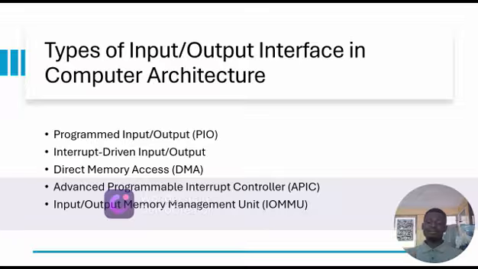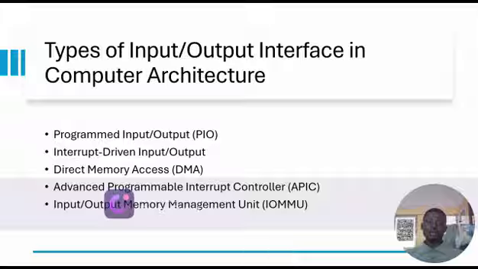This is done where the device bypasses the CPU for data transfer. This speeds up the process and reduces the CPU's workload. So this makes it a preferred choice for high speed data transfer.